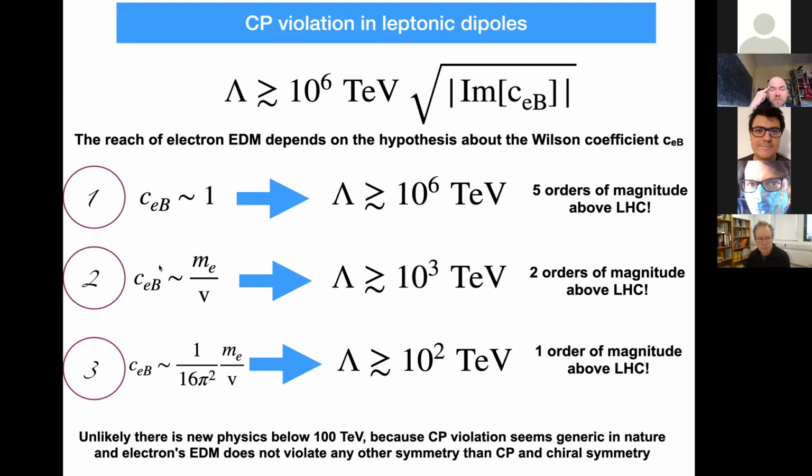There can be, but if you are in a more theoretical mood, if you generate this Wilson coefficient in some specific models, in most theoretical models it will be produced with a suppression factor proportional to m_e over v.